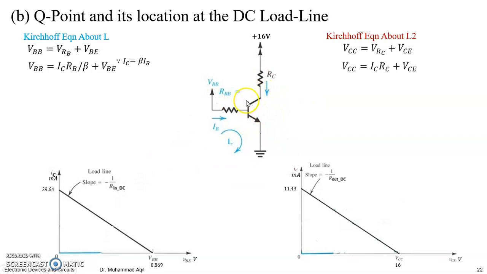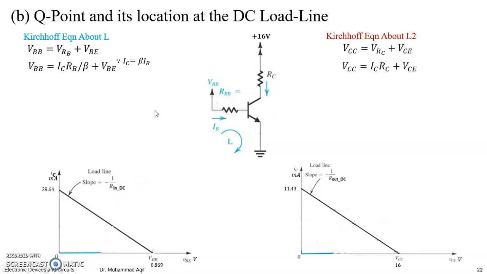But if you were given IS, the scale current, and one of the test points, that is, what would be the IC for what value of VBE, then you can use that information and the basic transistor equation, IC is equal to IS e to the power VBE upon VT, to iterate with this equation to get the exact value of VBE and IB.